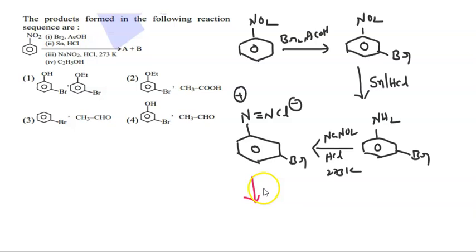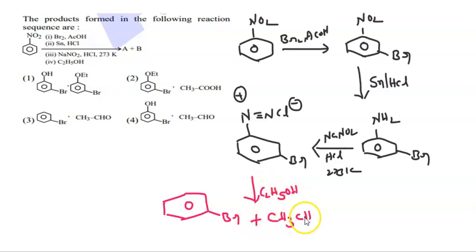On reacting with C2H5OH, which is a good reducing agent, the benzene diazonium chloride is reduced to benzene, and you get bromobenzene. The reducing agent is oxidized to acetaldehyde, CH3CHO. So option 3 is the correct answer for this question: bromobenzene and acetaldehyde.